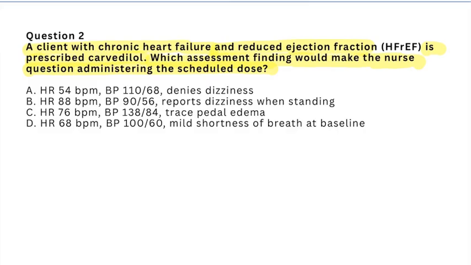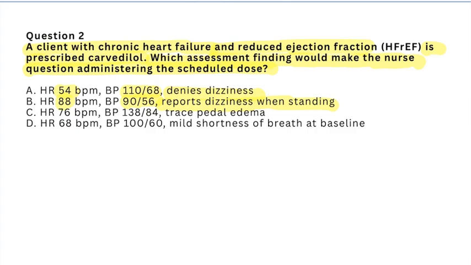So letter A's choice is a heart rate of 54, a blood pressure of 110/68, but the patient denies dizziness. Letter B, a heart rate of 88, a blood pressure of 90/56, reports dizziness when standing.